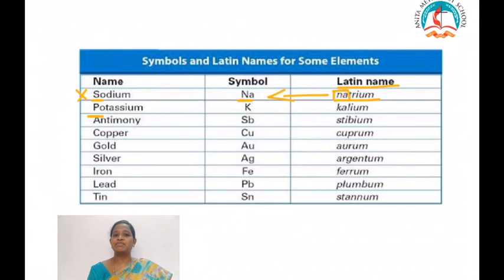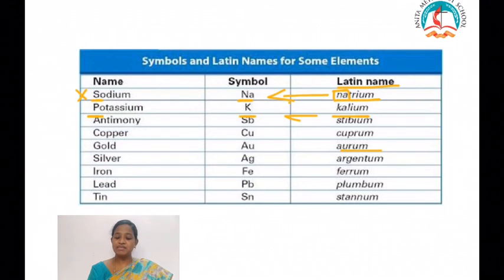And for potassium, the Latin name is kalium. The first letter of kalium is K. So the symbol of potassium is K. For antimony, the Latin name is stibium and the symbol is Sb. For copper, the Latin name is cuprum and the symbol is Cu. For gold, the Latin name is aurum and the symbol is Au.